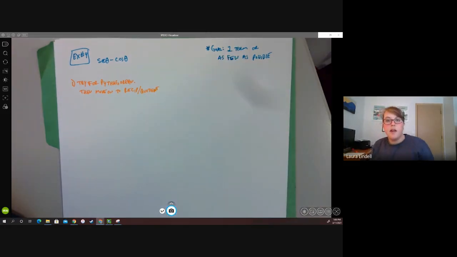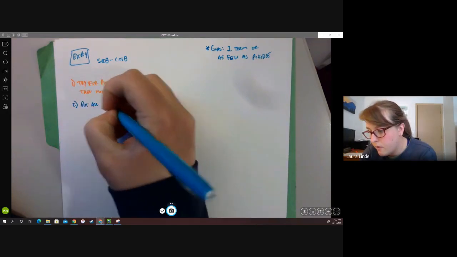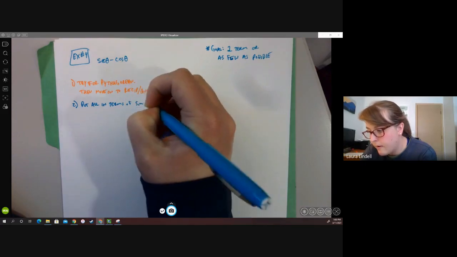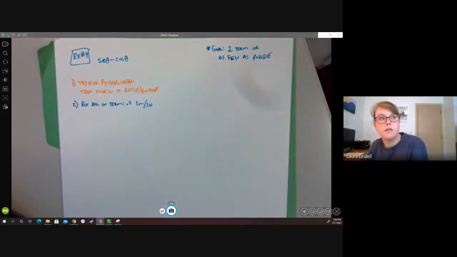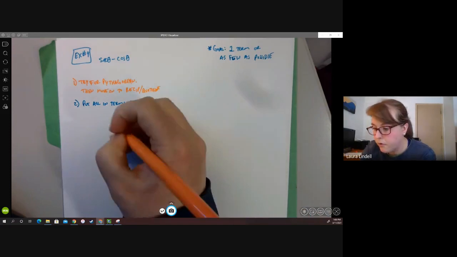So in this case, I don't see any Pythagorean identities. So what I would probably do here is then move on to reciprocal and quotient identities and put everything in terms of sine and cosine. So for this one, we have cosine already, but secant can become 1 over cosine.